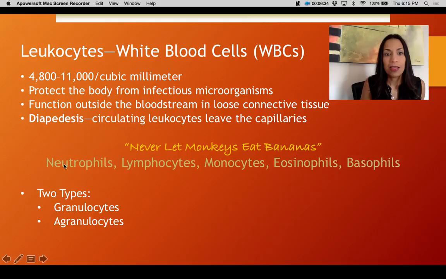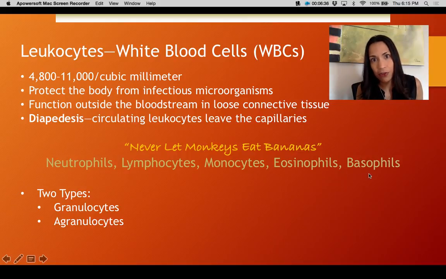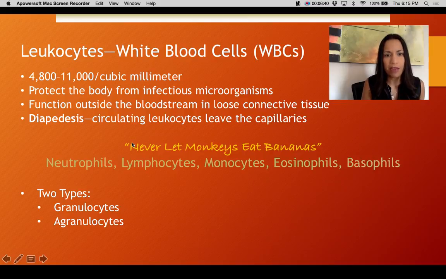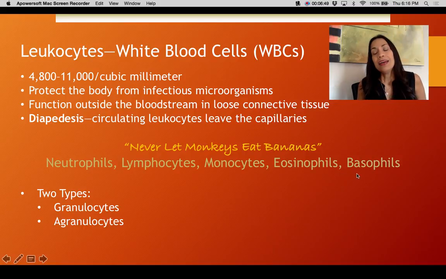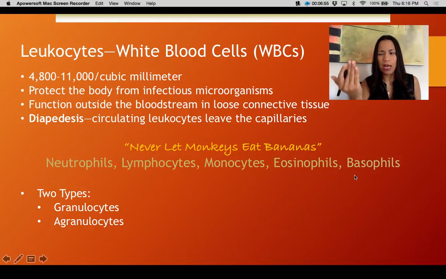These are the 5 types of leukocytes that we have: neutrophils, never; lymphocytes, let; monocytes, monkeys; eosinophils, eat; basophils, bananas. This is a great mnemonic to remember the order. The most abundant is the neutrophil in normal conditions.